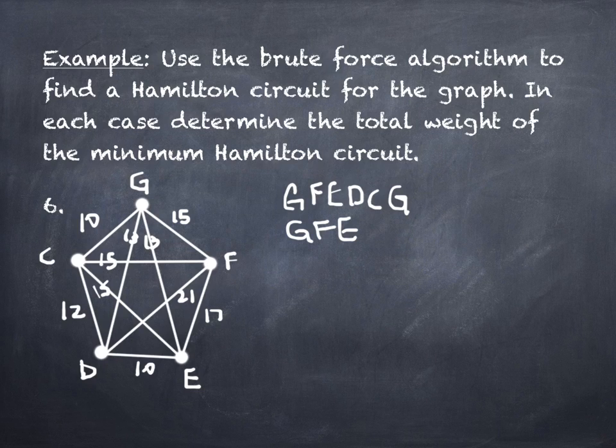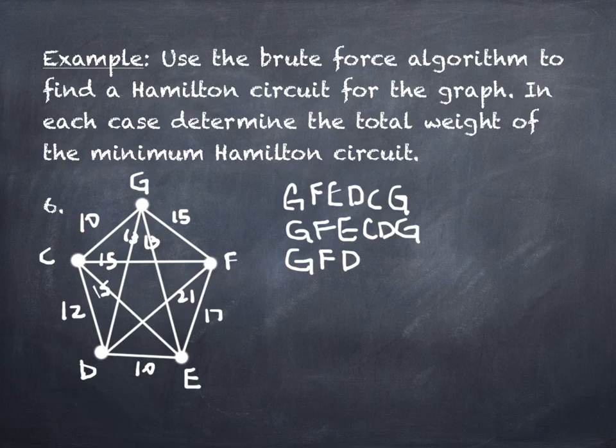All right, so we were working on the different orderings of this Hamilton circuit, and we had G, F, E, C, D, G as our next one. Those are the only ways we can do G, F, E. Then we consider a third possibility.